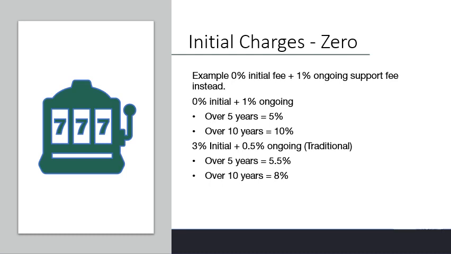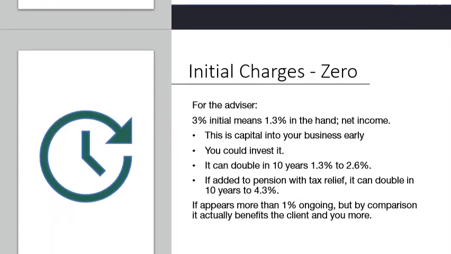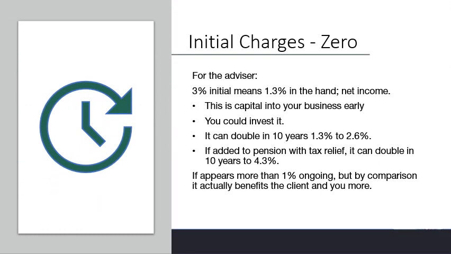That's it in simple terms. I understand that financial advisors want to make sure they get value for the work that they do, especially over a long period of time working with the client to achieve their goals.